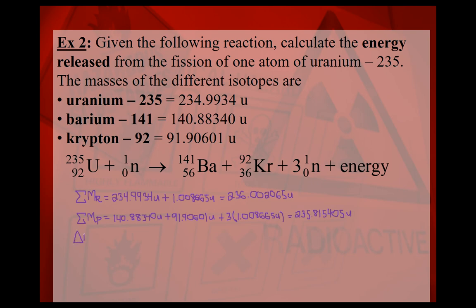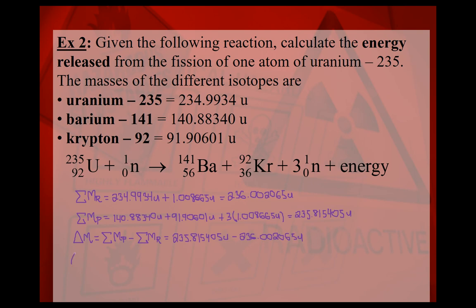That's delta M. Delta M is the sum of the mass of the products, subtract the sum of the mass of the reactants. So that would be 235.81545 atomic mass units, subtract 236.002065 atomic mass units.